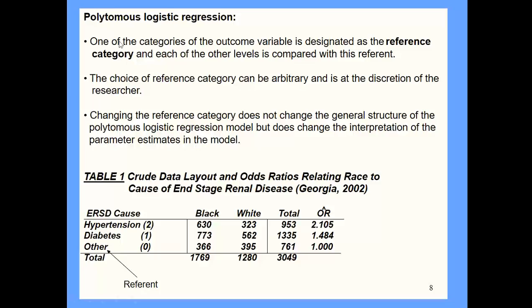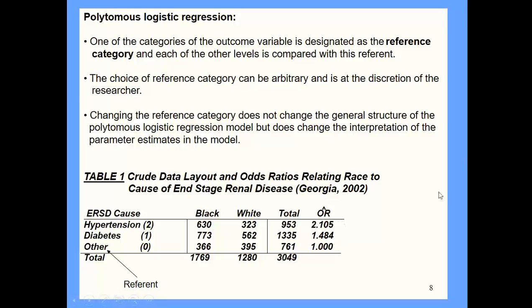Okay, so here's what the data looks like, the crude data for these people. Now you notice 3,049? That's the people in the study. Okay, and I've got hypertension, diabetes, other, 3 categories of the outcome, and black or white. Now I add them up, I get the total, and look at these numbers.